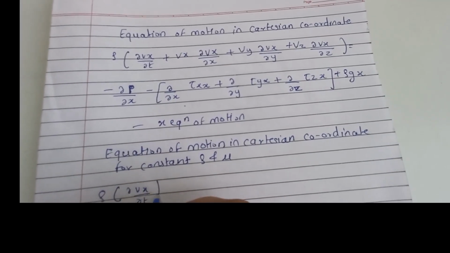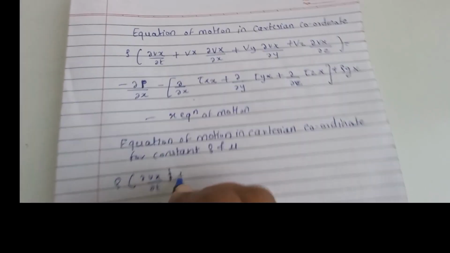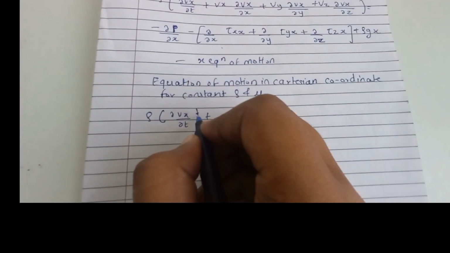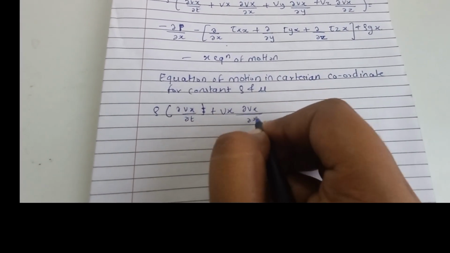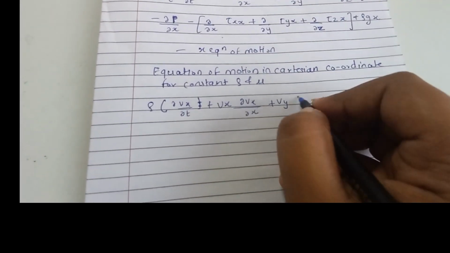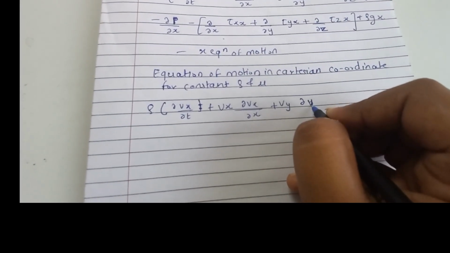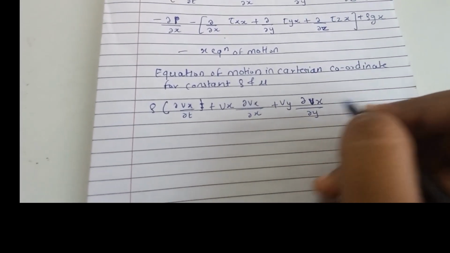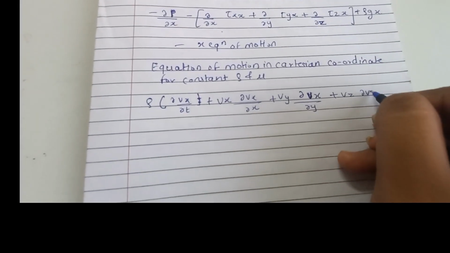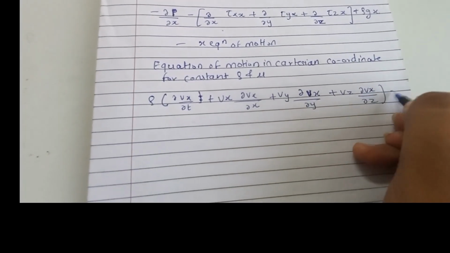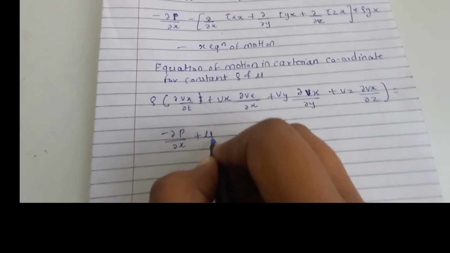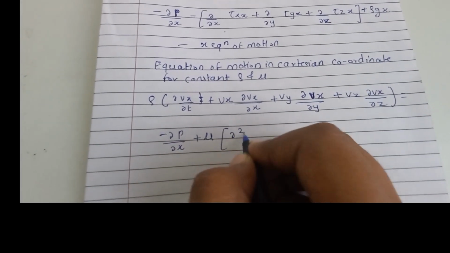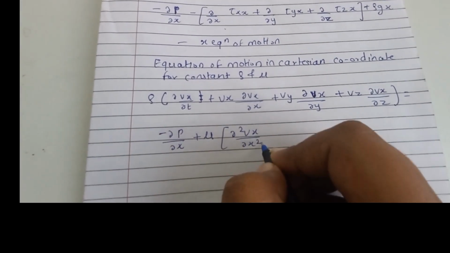Then we apply Newton's law of viscosity. Newton's law of viscosity tells us how a fluid deforms when subjected to a force applied to the surface and the velocity gradient within the fluid, that is, in place of tau xx, tau yx and tau zx, we can put the modified form of Newton's law of viscosity, that is tau xx equals minus mu into del Vx upon del x plus del Vx upon del x.